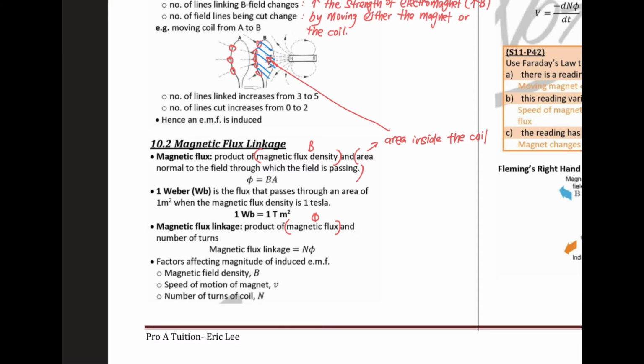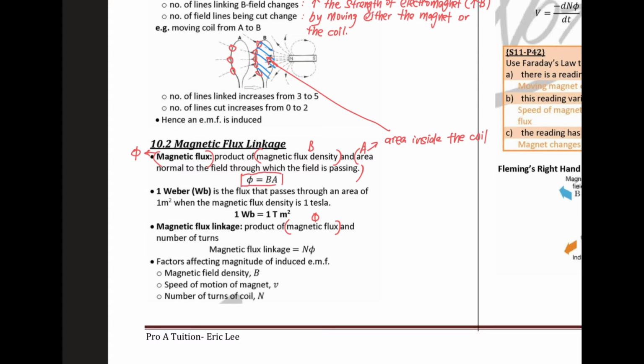So again, there's a problem. We know the formula now. We know magnetic flux, where the symbol is phi. Phi equals B multiplied with area, which is A. So phi equals BA. We know the formula already.